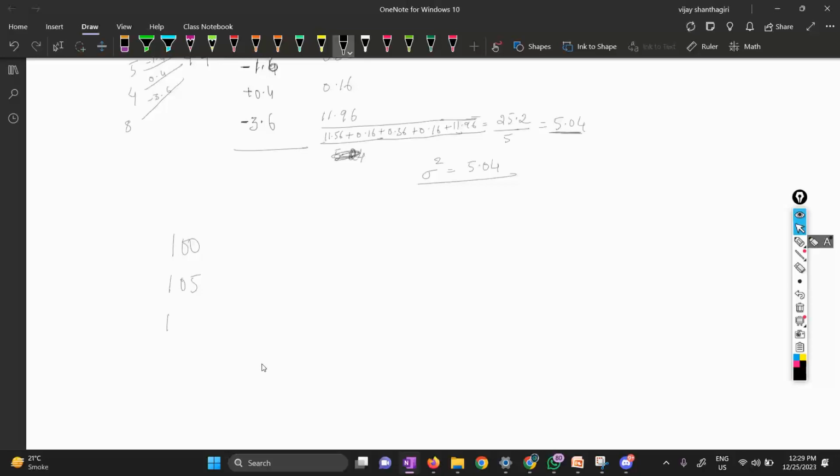Remove the calculator, Manjunath, and you tell me this now. Take 102, take 104, take 99. Now tell me, what is the mean value of this?